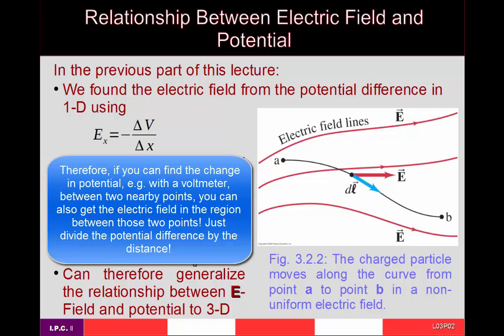All you need is basically a voltmeter and a region of space that you can connect the voltmeter to, in which the electric potential varies somehow.